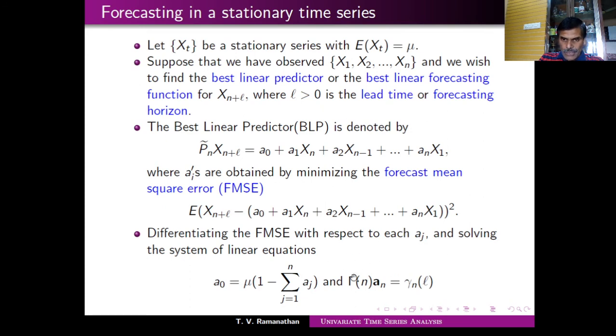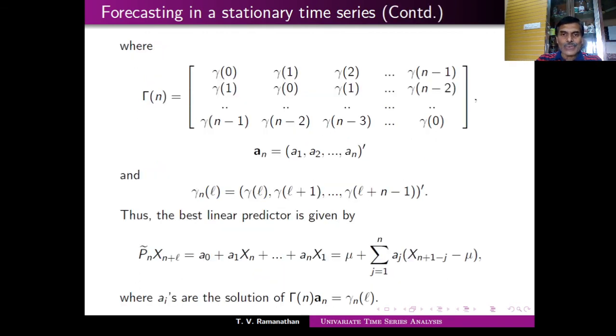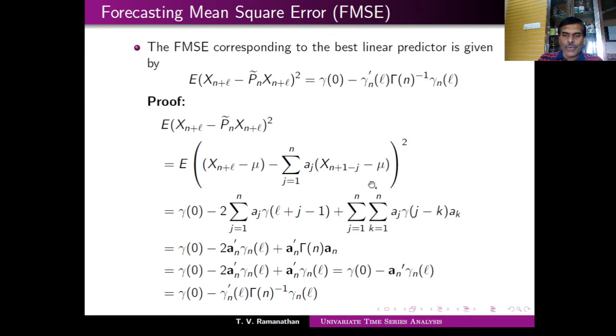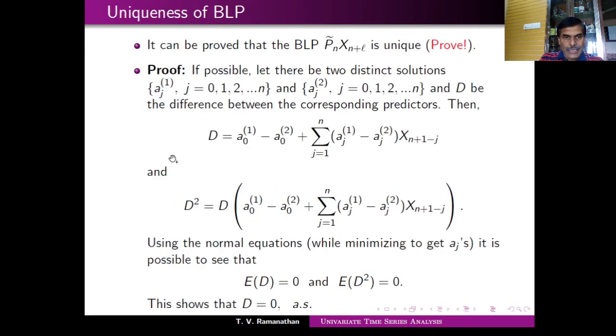I didn't write them explicitly here, but these steps involve n plus 1 normal equations, because you are differentiating with respect to a_0, a_1, etc. When you differentiate with respect to a_1, you say the expected value of that quantity is equal to 0. If you consider this quantity D, you can show that D squared can be written as D times this D. One of them I write in this format, the other D I keep as such.